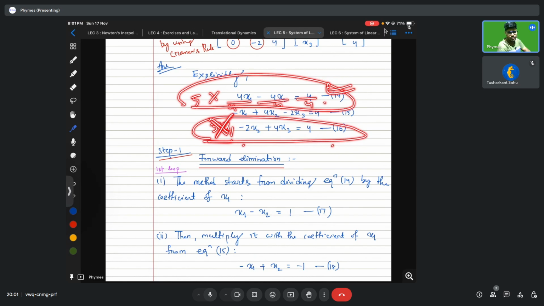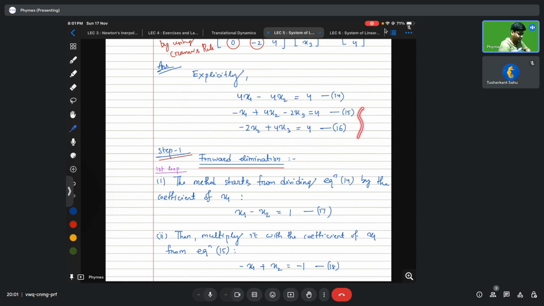In the first loop of the forward elimination, you have to eliminate all the x1 variables from these equations, right? Here in our example there is no x1 in equation 16, so this equation 16 will remain the same, just equation 15 will change, and equation 14 is as it is, that will not change.